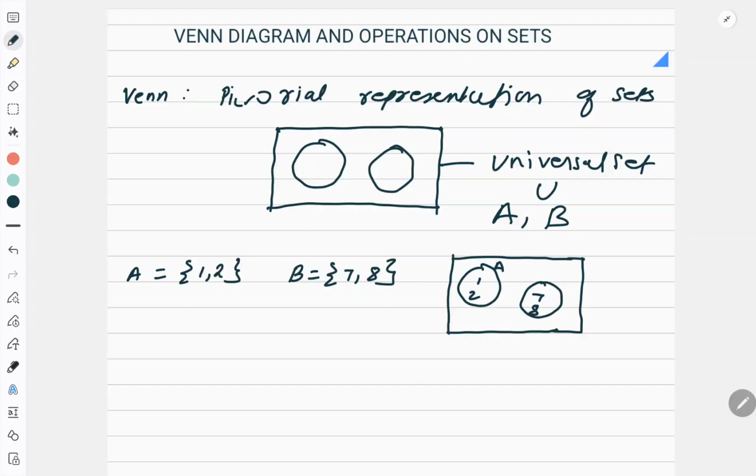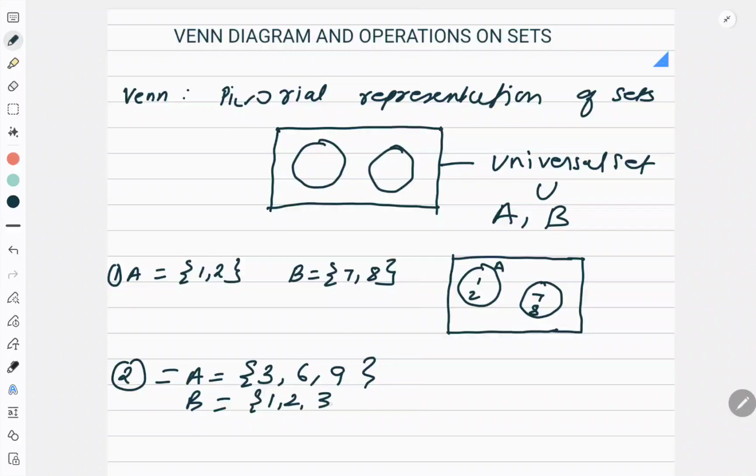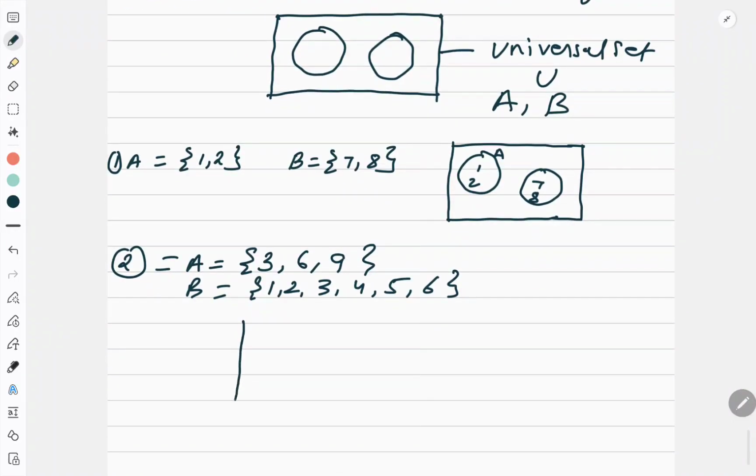Okay, now suppose the second condition is, if I give you A is equal to {3, 6, 9}, and B is equal to {1, 2, 3, 4, 5, 6}. So now how will I represent this in the Venn diagram? I'll make one universal set first.